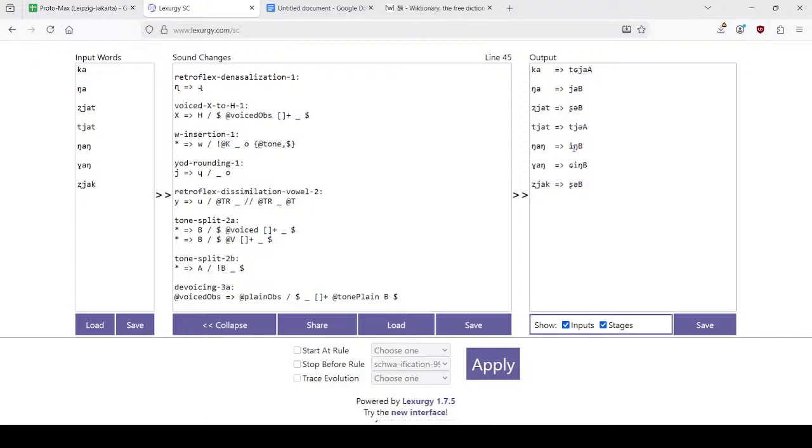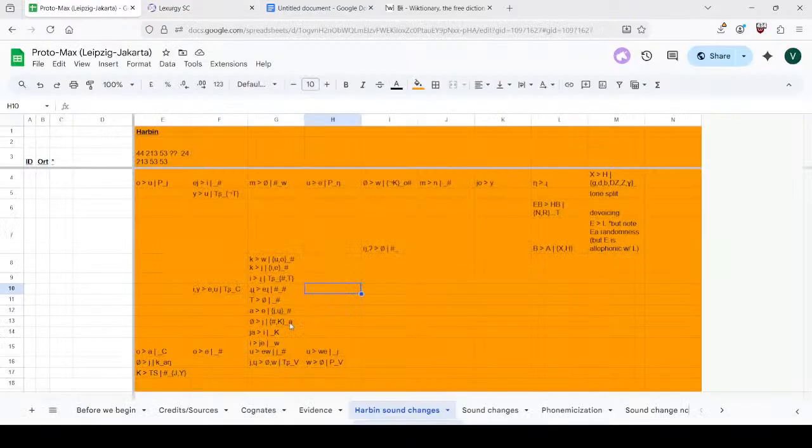What if K gets lost first? K gets lost very early on, and then this happens. No, but then the same rules apply.